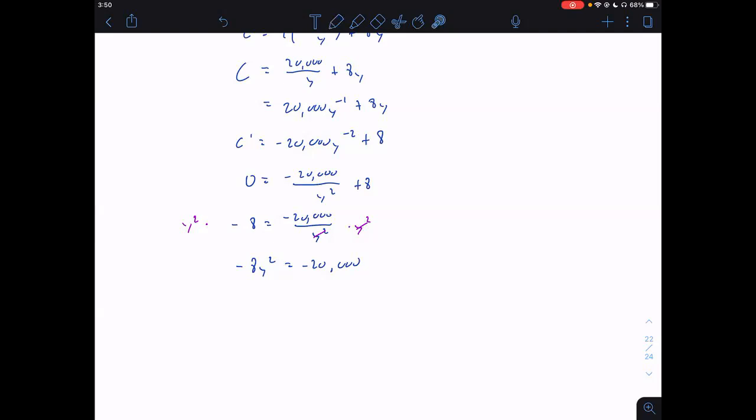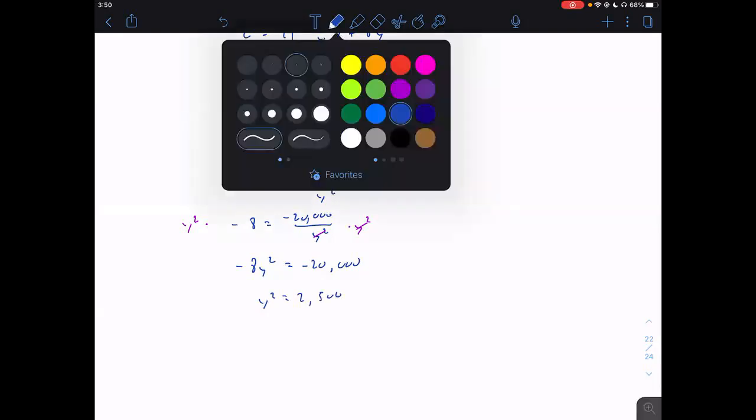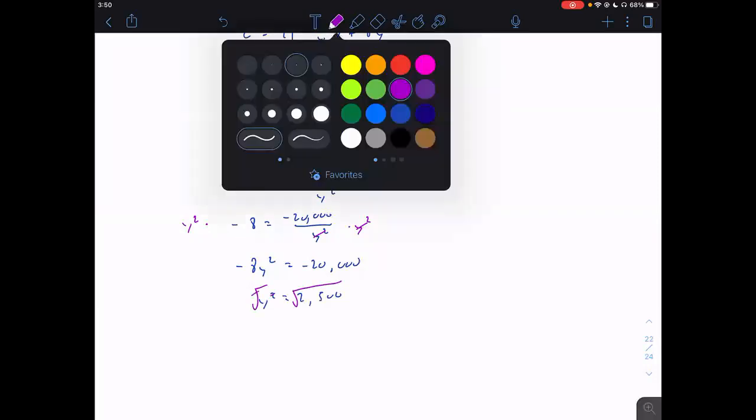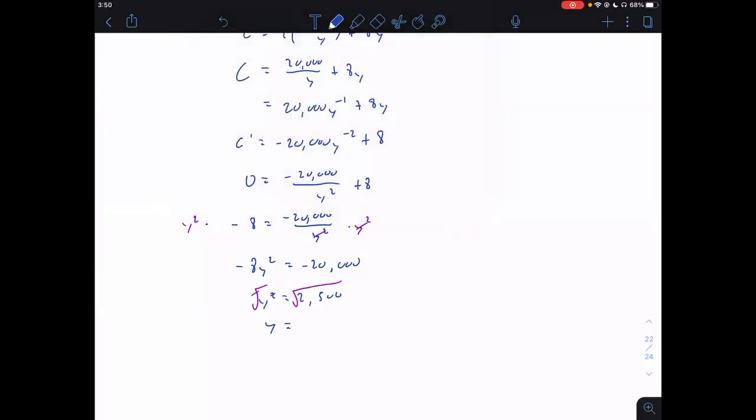So y squared equals 2,500. And now we're going to square root both sides because we have the squares. The squares cancel out, and we get that y equals either negative 50 or positive 50.